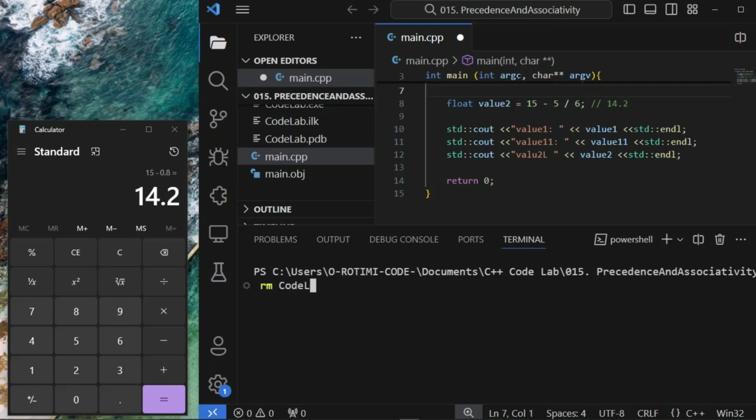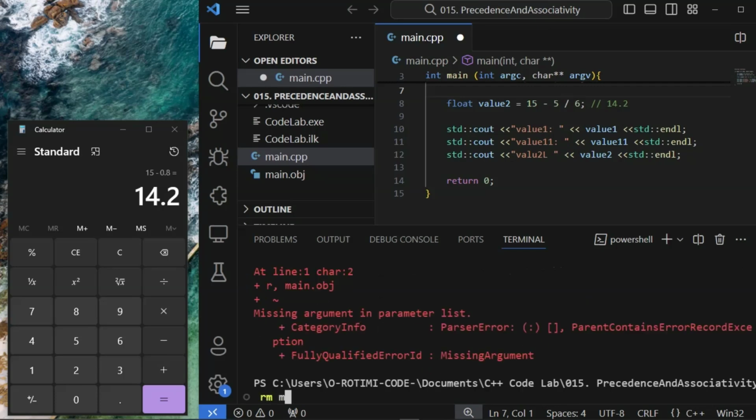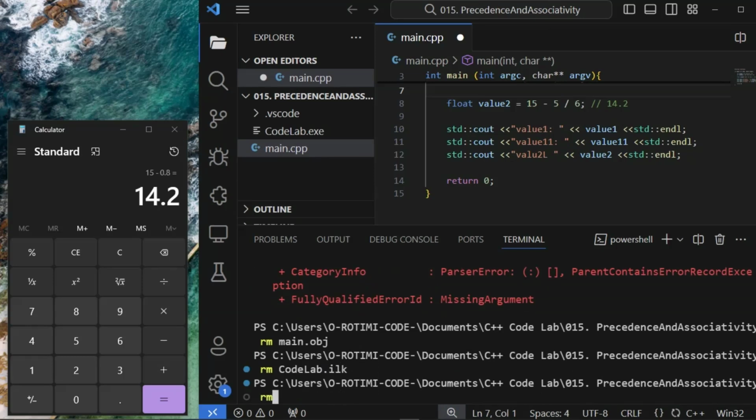Remove the code lab files, the main object, and the ilk. I think that's all. Let's remove everything, both, the binary file too.